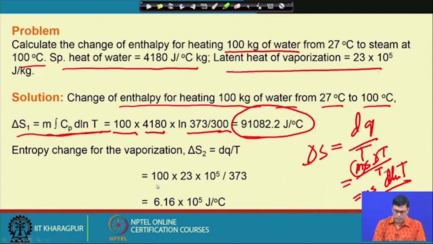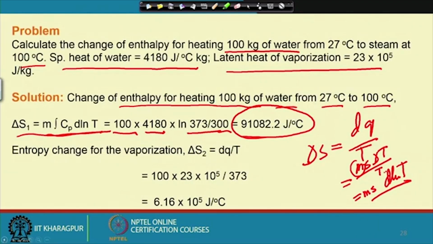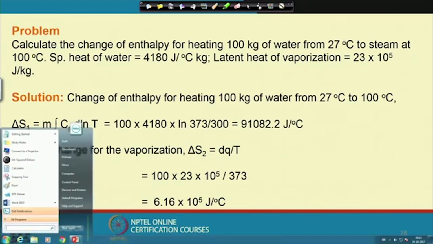Then we take 100 into this, which equals the heat, divided by the temperature that we require. So this is how we can calculate the change of entropy for the evaporation, and we can calculate the entropy of the system very easily.